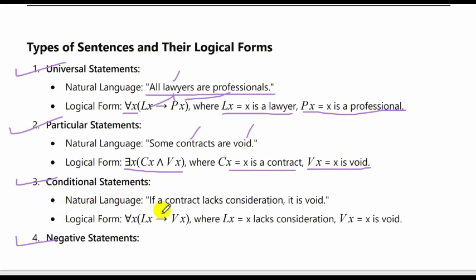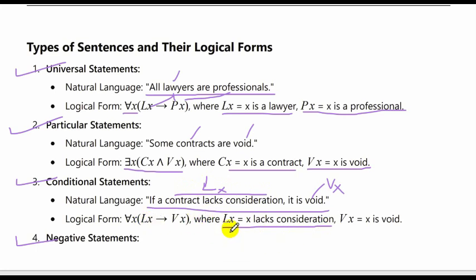Conditional statements. This is how it will look in natural language: if a contract lacks consideration, it is void. So we have VX, and for contract lacks consideration, we have LX. We can use a different symbol also. We could have used CX also. It wouldn't have made any difference unless we mention what that symbol is representing.